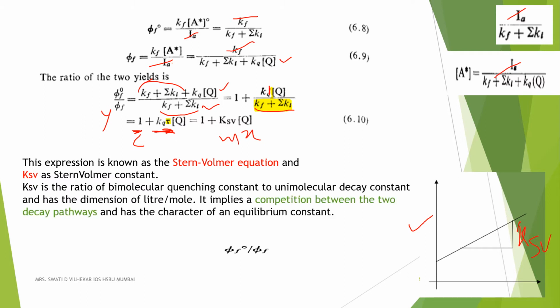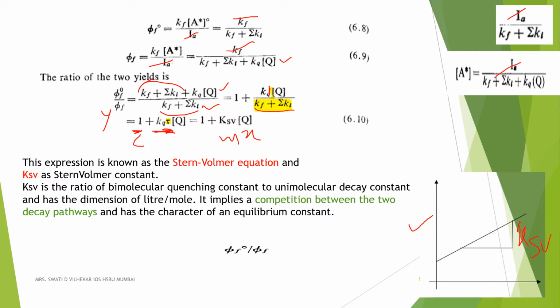Now the Stern-Volmer constant is basically a ratio involving the bimolecular quenching constant. As we have seen in the equation, A star combines with Q, forming A plus Q. That is the bimolecular quenching step, Kq times Q. And there is a reaction where A star, the excited fluorescent molecule, comes to the ground state and emits some fluorescent radiation, which is the unimolecular decay constant.